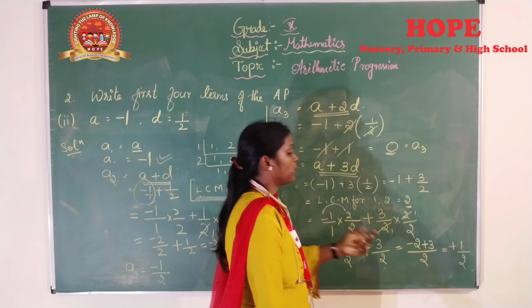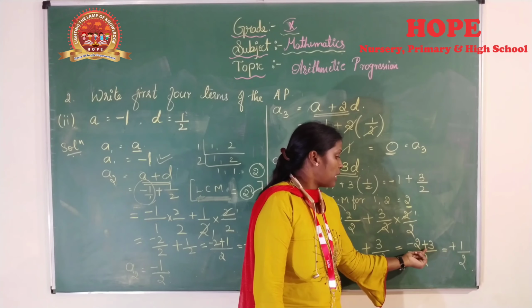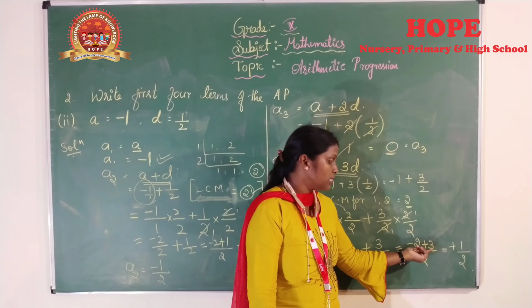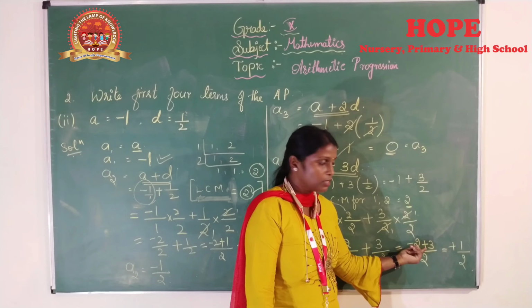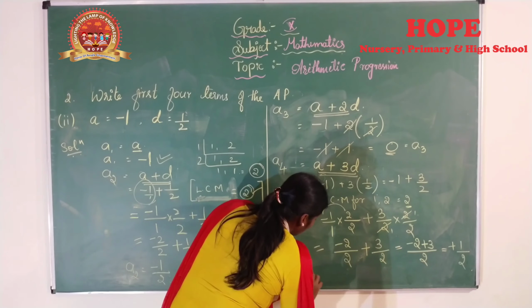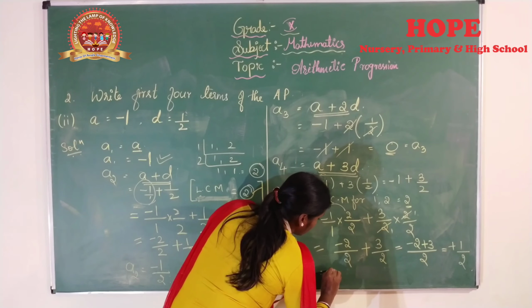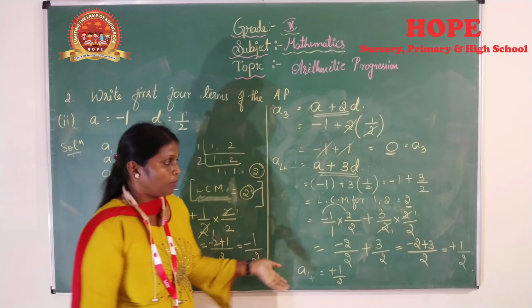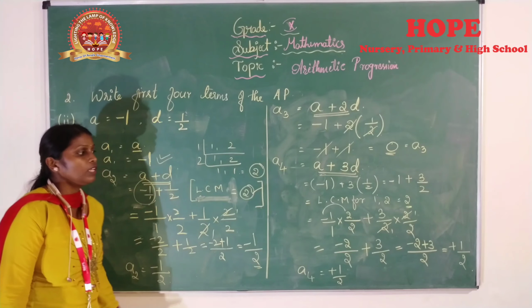Why it's plus 1 means minus into plus is minus only, but still the greater number is 3 and the sign of the greater number is plus, so we have written it as plus 1 by 2. So therefore A4, the fourth term will be plus 1 by 2 or 1 by 2 also you can write. So this is how we calculate it.